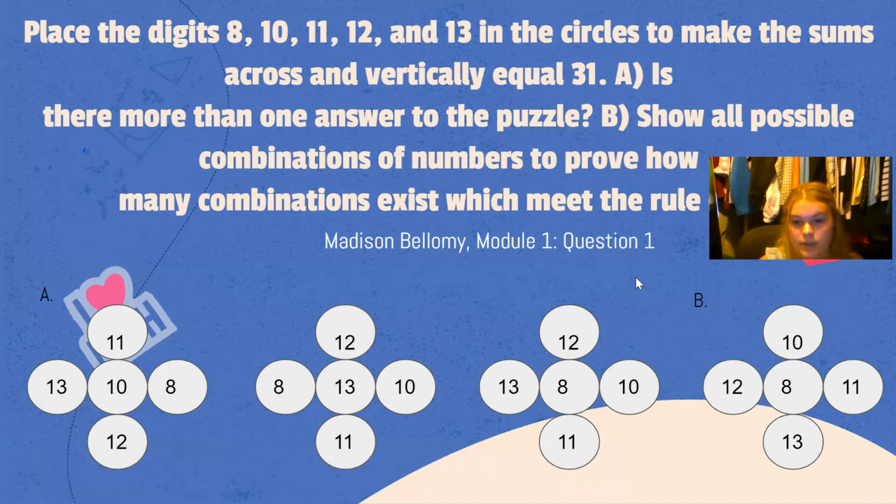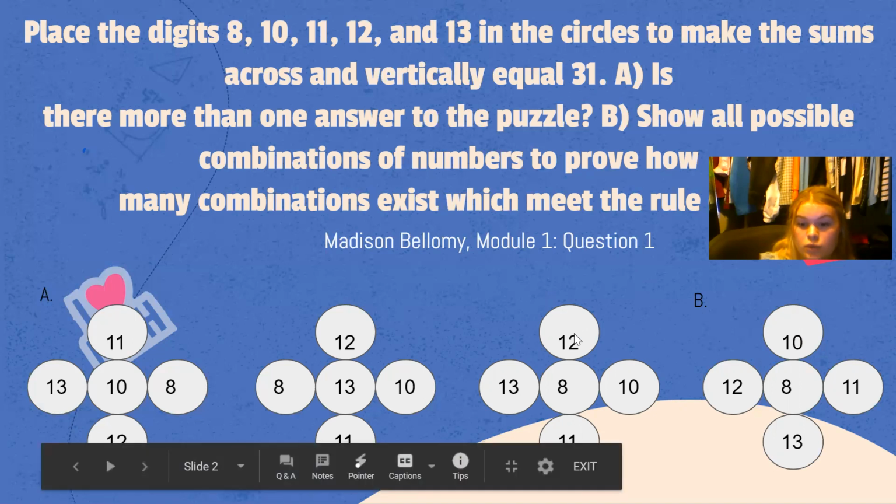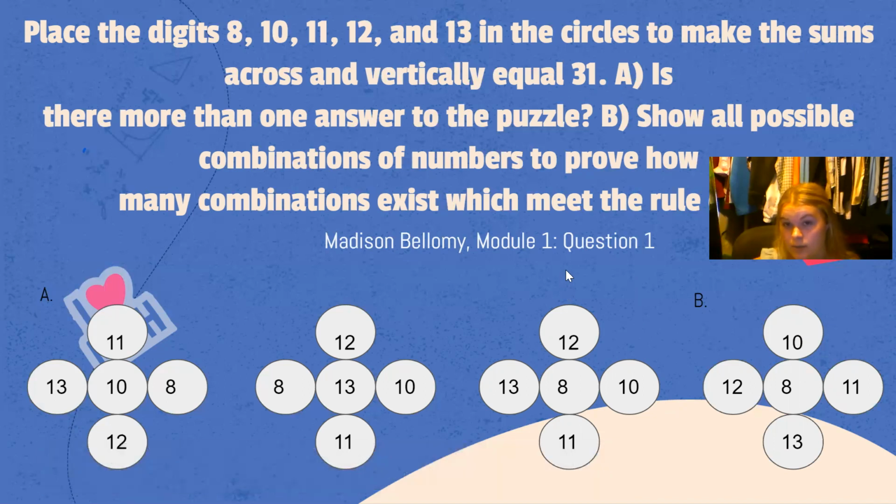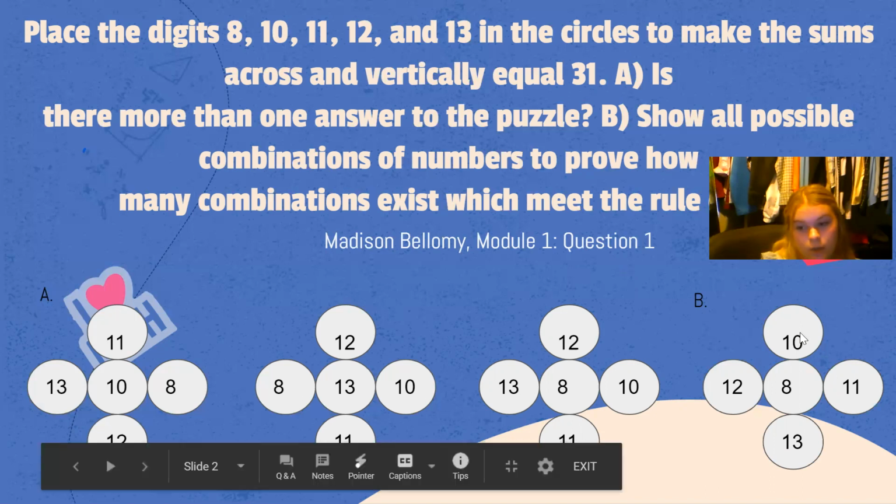So that answers our question. 12, 8, and 11, and 13, 8, and 10 is our answer for vertically and horizontally. And part B, is there any other combination? We see that we can flip them around, but really no other combinations would work other than that.